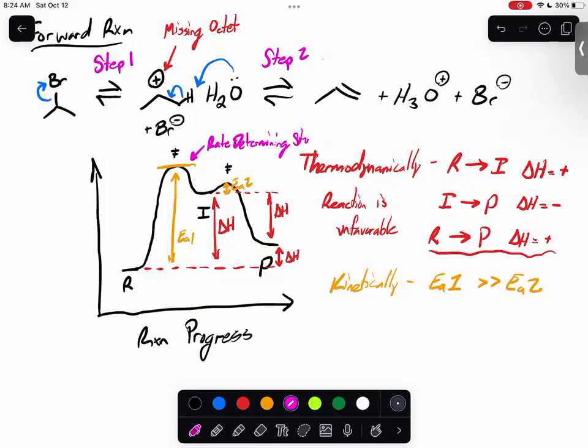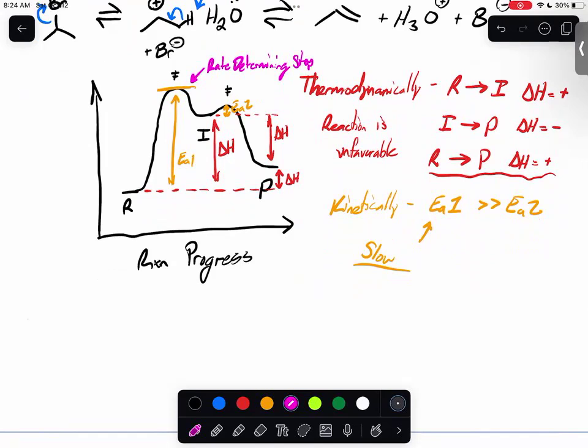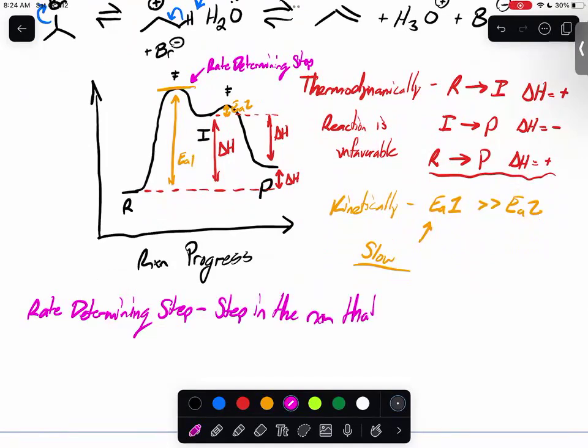And this name is just because it's the slowest step. And so EA1 is slow, it's very slow. So looking at that term, rate determining step, all it's saying is that it is the step in the reaction that is the slowest and thus rate determining.